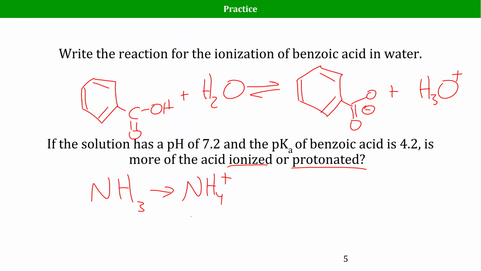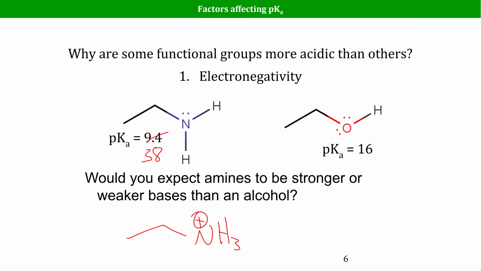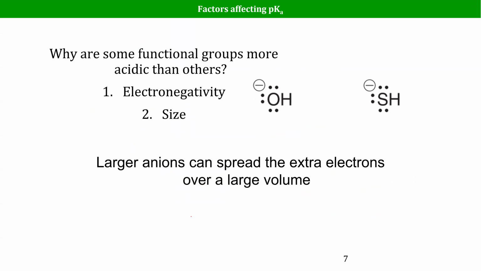So it turns out the size of the atom matters a little bit. The larger anions have more space, and in general, they don't hold their electrons as tightly. Basically, there are more clouds of electrons around them, so the nucleus can't pull those valence electrons in as tight.